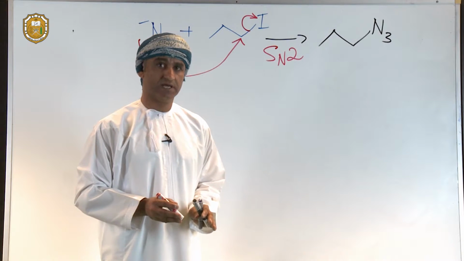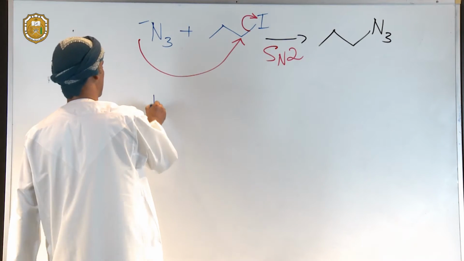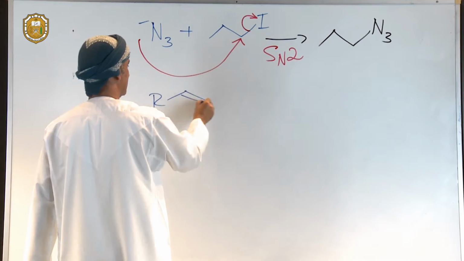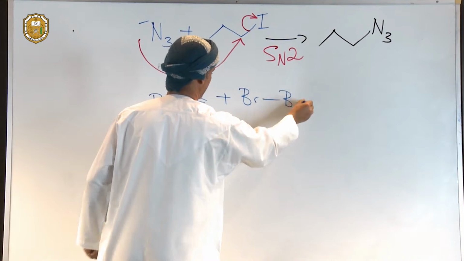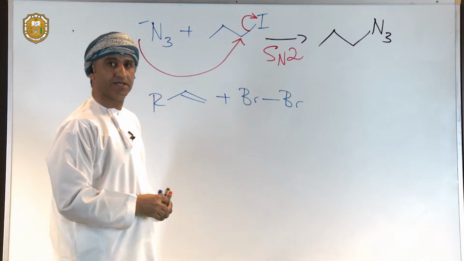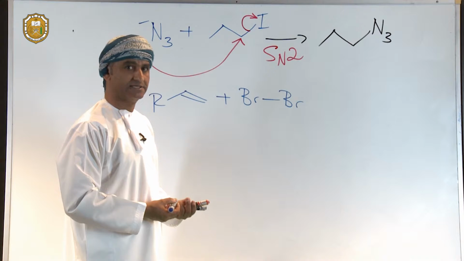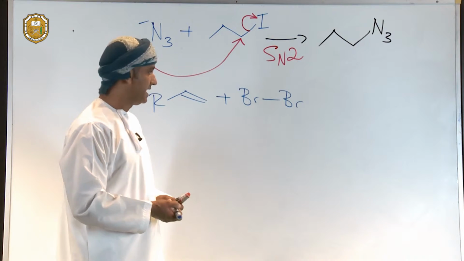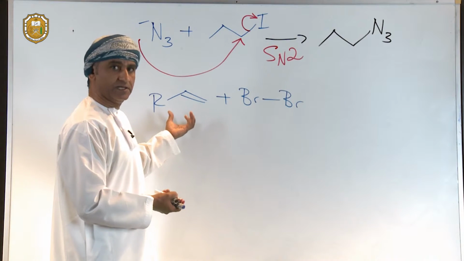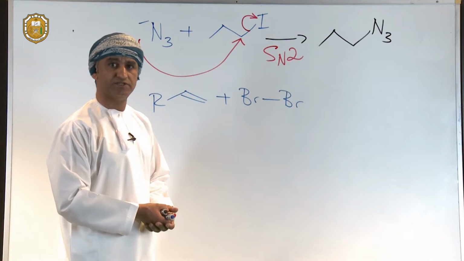Let's take, for example, a classical reaction between an alkene in general and bromine. You've seen this reaction in the test for functional groups. It is actually an unsaturation experiment to test for the presence of a carbon-carbon double bond. This nucleophile is uncharged, and this electrophile is also uncharged.